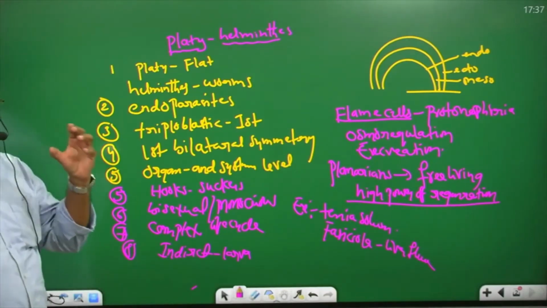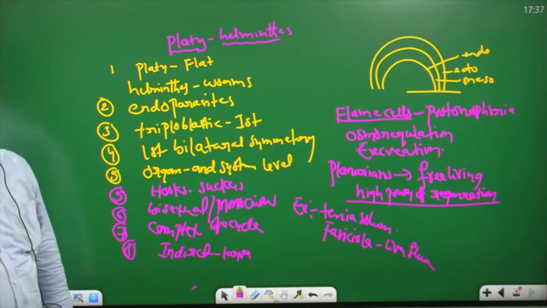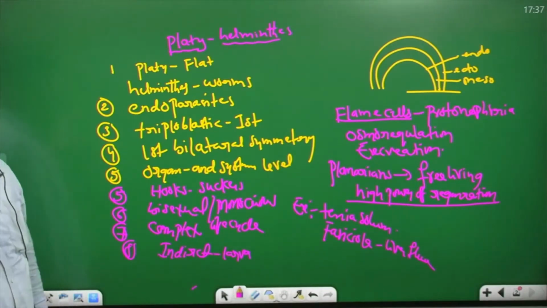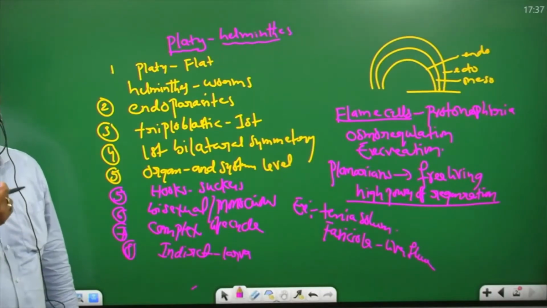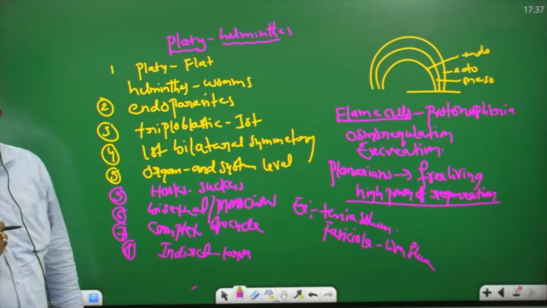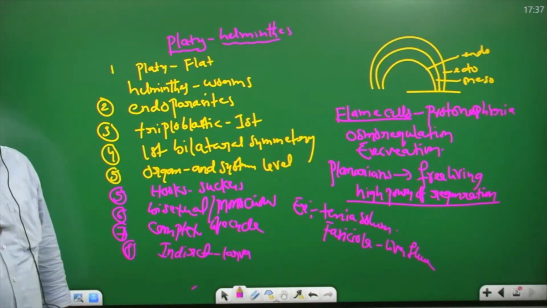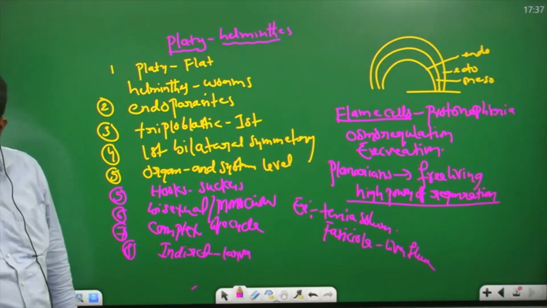Most of the platyhelminthes are endoparasites, which live in the host body. They enter host body parts like gut, liver, RBC. Then they eat the host body parts, causing disease.